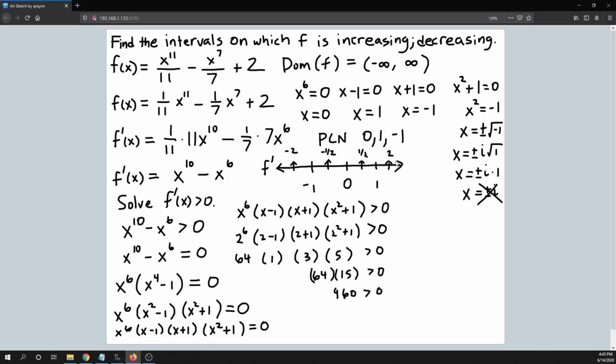And so therefore, when I plug any of these numbers into the derivative, I am going to get a positive number, okay? So what I do is put a little plus sign where that 2 is. So I go in here, and I put a plus in here to let me know.